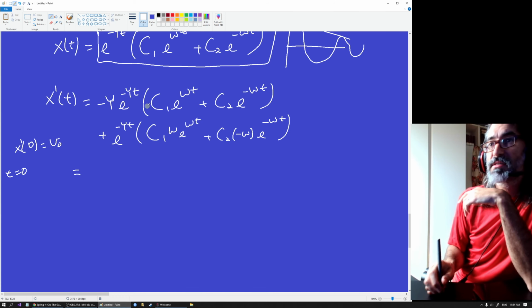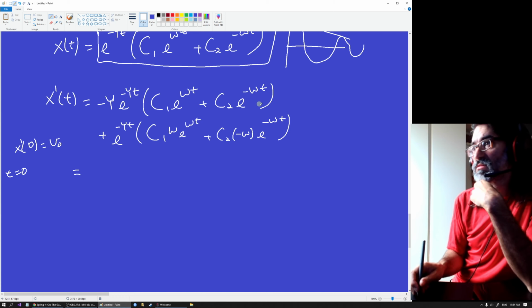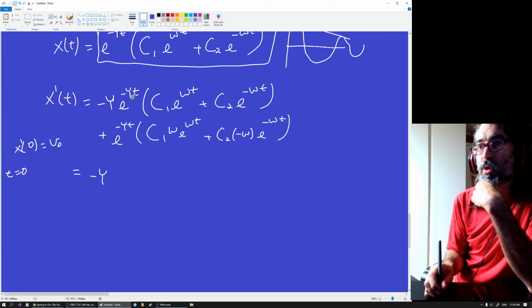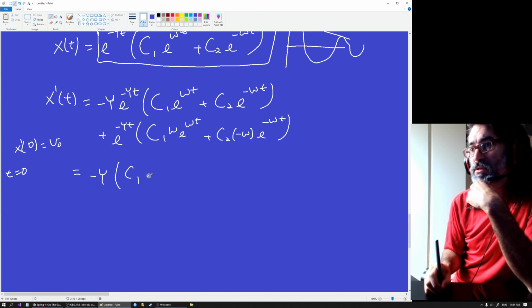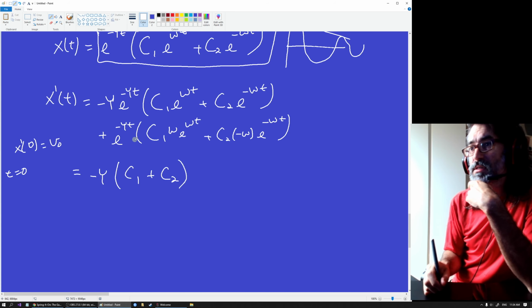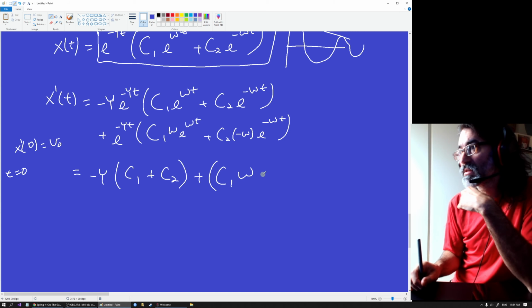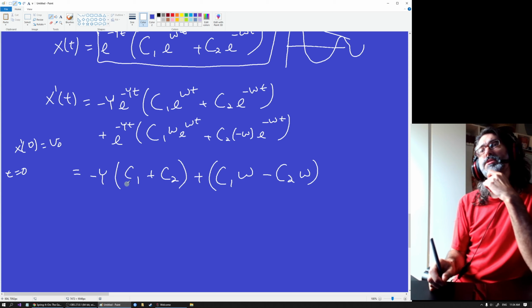So what happens when we plug in 0? All the e's become 1s, it's just 1s everywhere. So it's going to be minus y times 1, and this is 1, so it's c1 plus c2. And then this is 1 also, and this is c1, there's a w here, this is 0, this is 0, and minus c2 w.